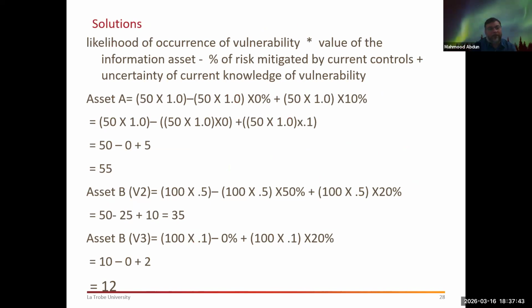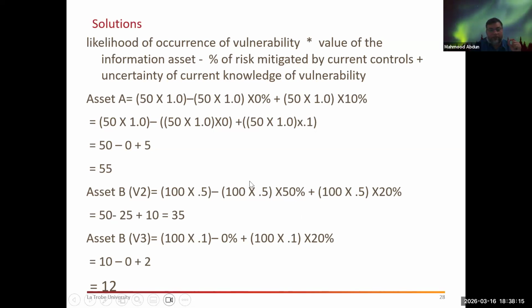Now, if you do the same thing for asset B, there are two vulnerabilities, so you need to calculate them separately. For vulnerability 2, you multiply the asset value with the likelihood, which is 50%. But this vulnerability has a control, which reduces the risk by 50%. You see how it reduces the risk by 50%?